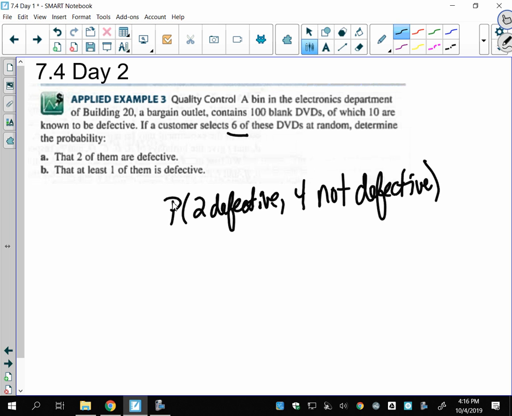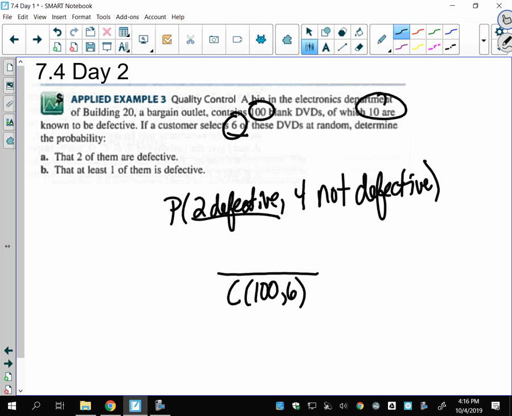Okay, so let's think about the bottom number first. The bottom number is how many total ways could we choose 6 DVDs from 100 DVDs. So that would be combination 100, choose 6. And again, I'm okay with you using your calculator to compute that, because it's more about thinking about how to set it up. The top number is going to be 2 things, because we need 2 defective. How many are defective? 10.